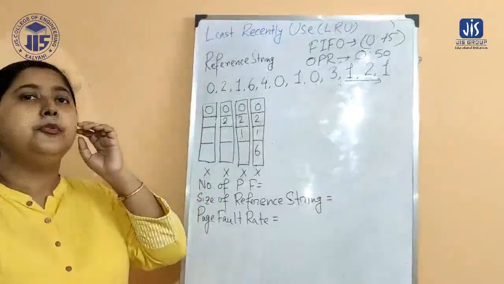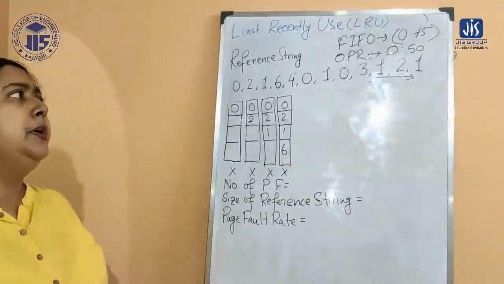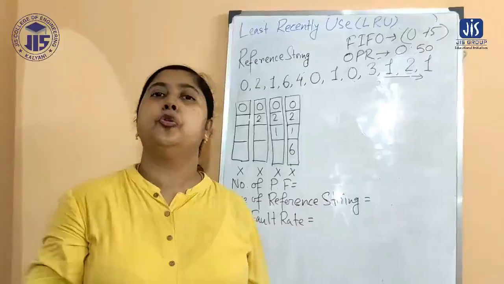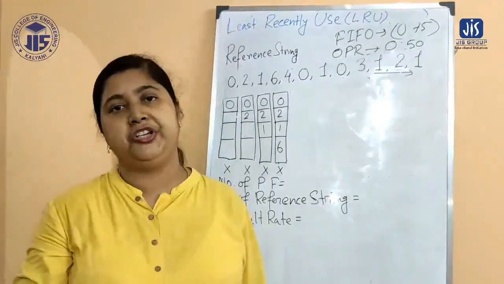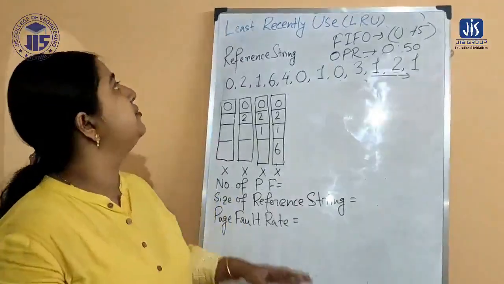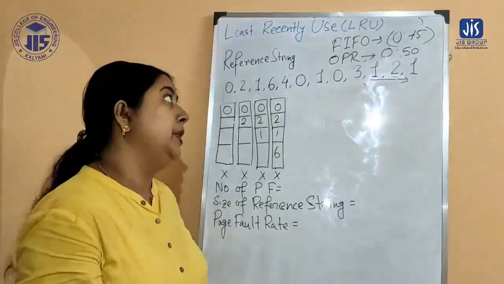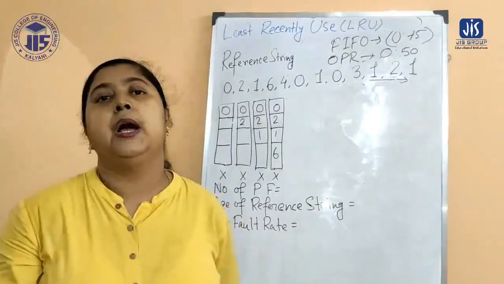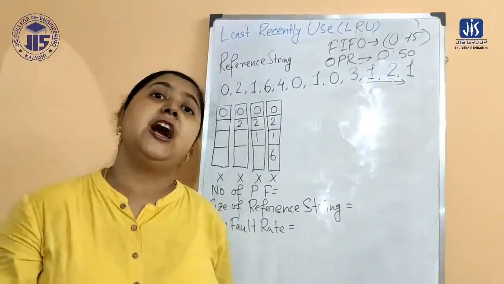Okay. Now I am going to discuss least recently used, LRU. Because we cannot implement OPR because of its requirement of future reading, we need to use least recently used. Now we cannot read the future, but we can read the past because that has already happened.